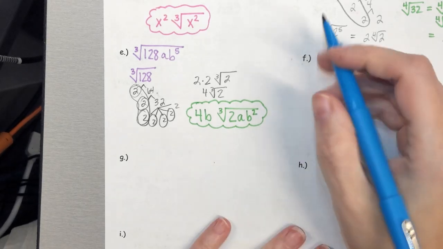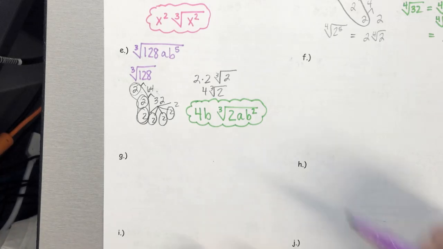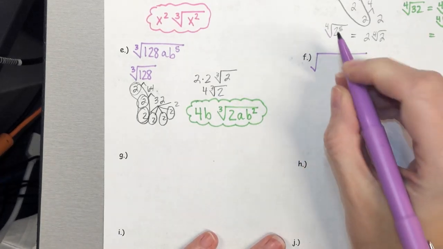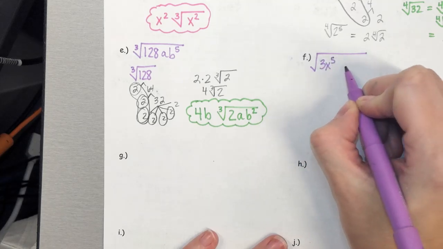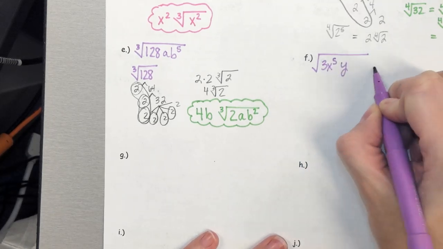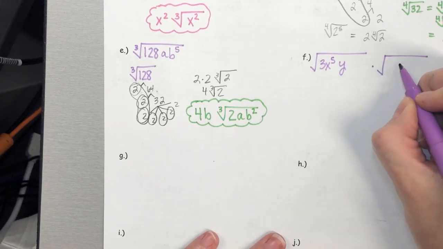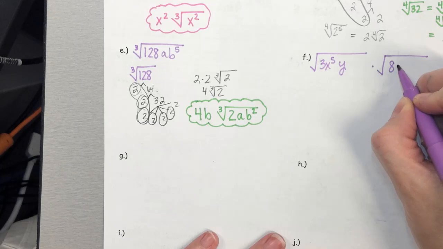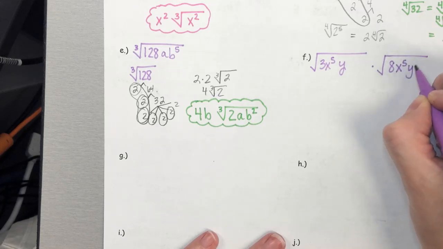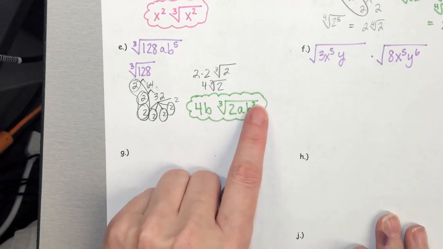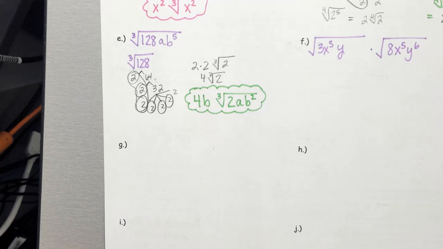All right, and then this one, we are going to take the square root of 3x to the 5th y. Sorry, I made a very long square root. That reminds me, when you are writing your answer, don't get lazy with your square root. If something's inside the square root, put a roof over its head. Don't stop short. That means something different.